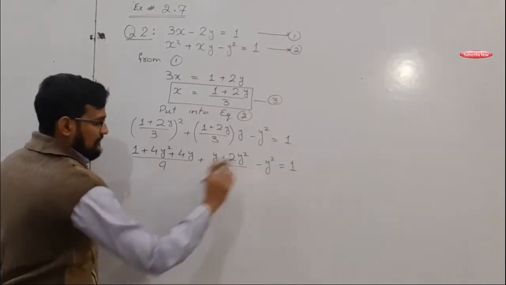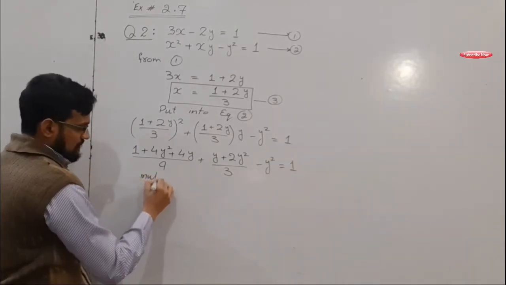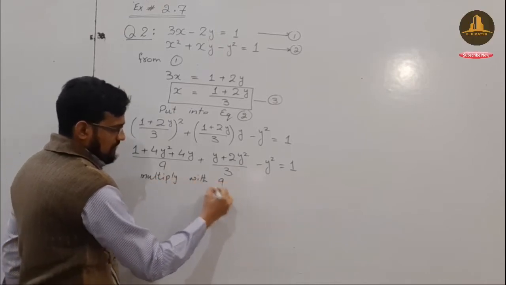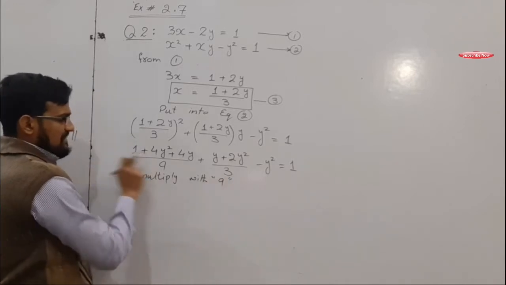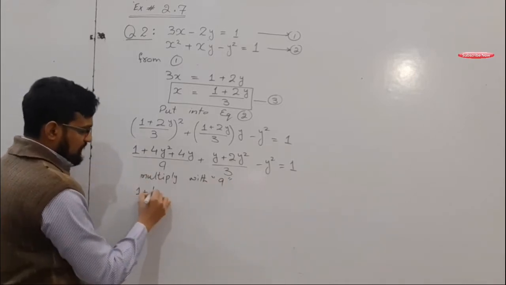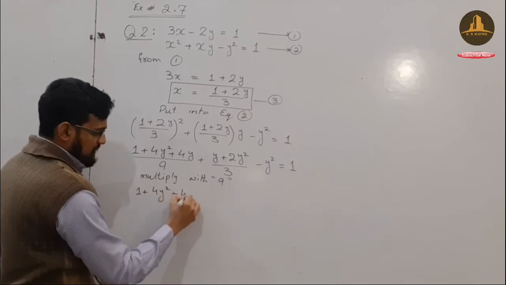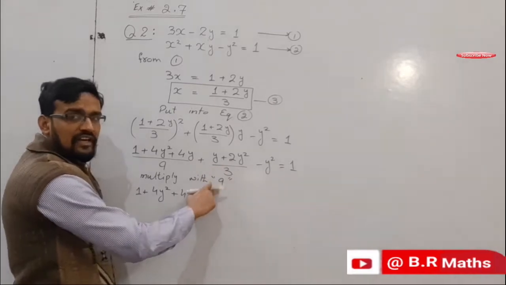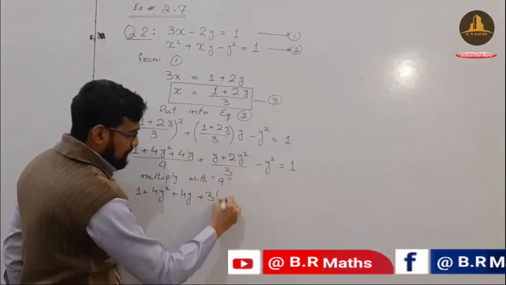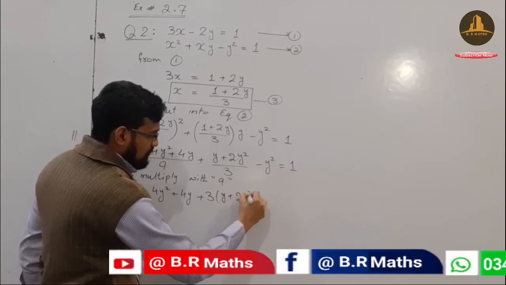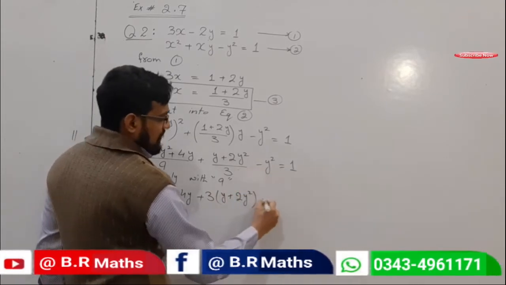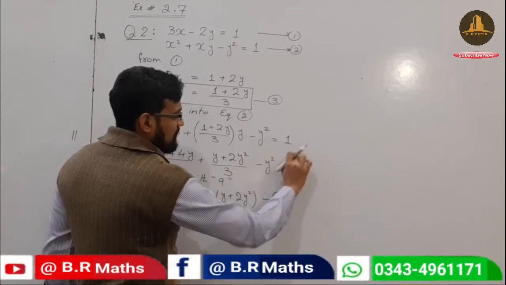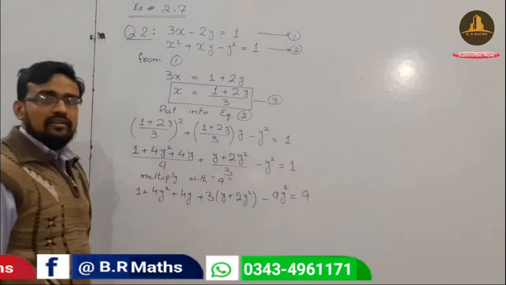When you multiply with 9, the 9 cancels with 9 and the result is 1 plus 4y square plus 4y, plus here 3 cancels with 9, then 3 remaining, y plus 2y square, and here y square becomes 9y square and 9 ones are 9.